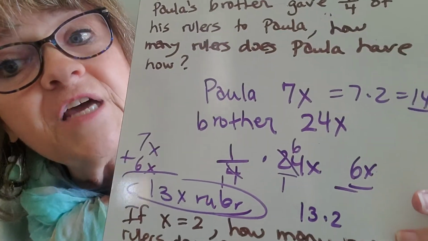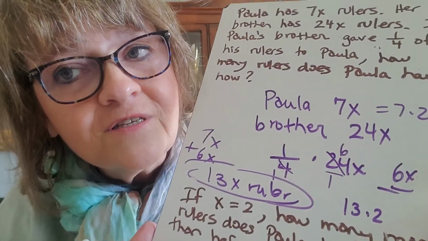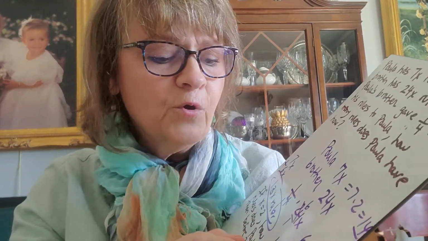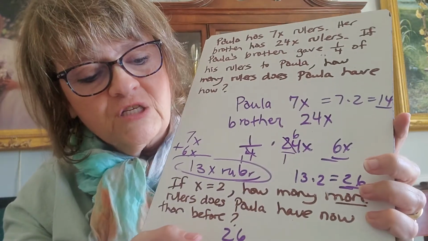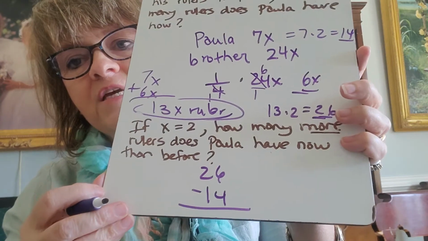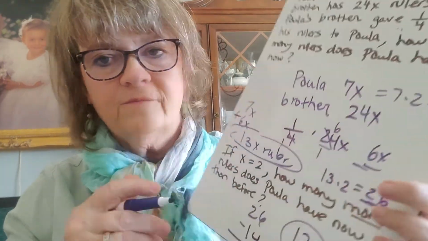That's not one of our times tables, but I bet Zia knows. What is it, Zia? Woohoo! Yes, 26. So she had 14 before. She has 26 now. And the question is, how many more does she have than before? So you're just going to subtract those two, 26 minus 14, and that will give us 12.